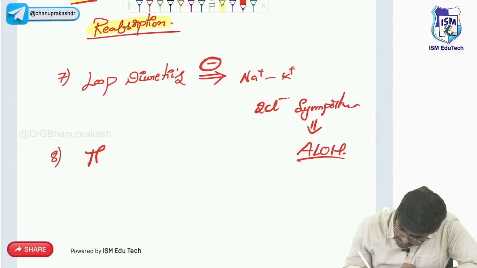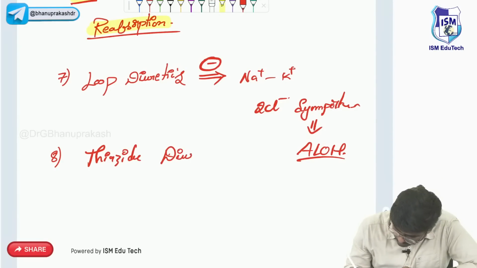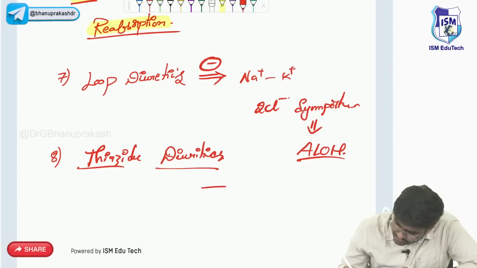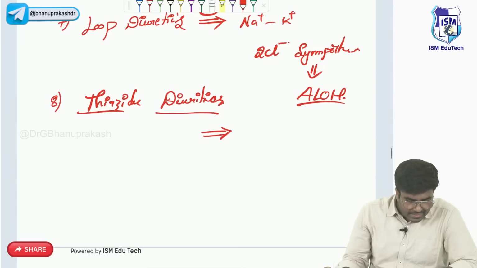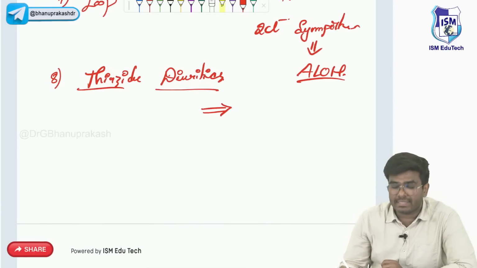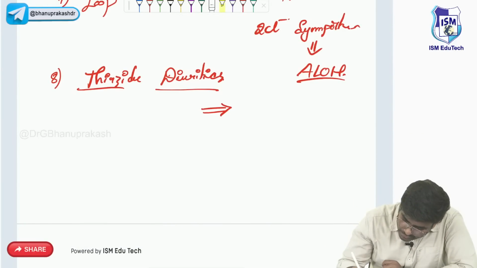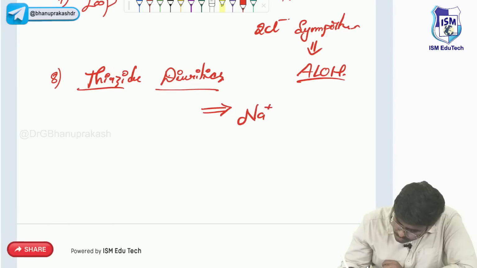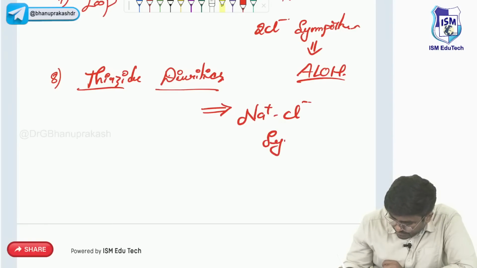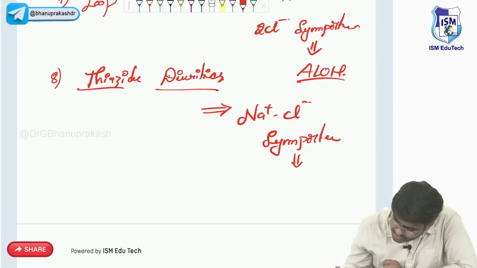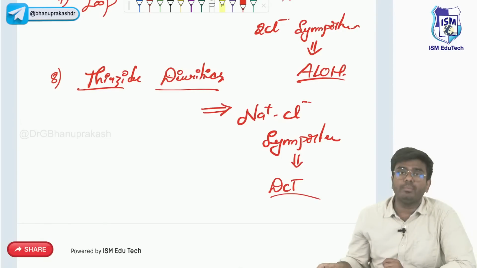And thiazide diuretics will inhibit which transporter? Anyone? Thiazides inhibit sodium chloride symporter. Where is the sodium chloride symporter present? On the distal convoluted tubule.